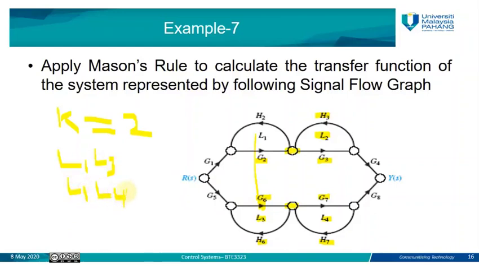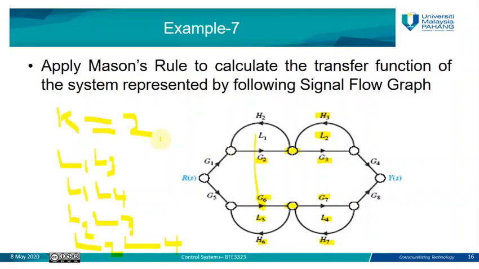So we have 2 non-touching loops, considering 2 at a time: L1 with L3, and L1 with L4. Also L2 is non-touching with L3, and L2 is non-touching with L4. So we have L2, L3, and L2, L4.